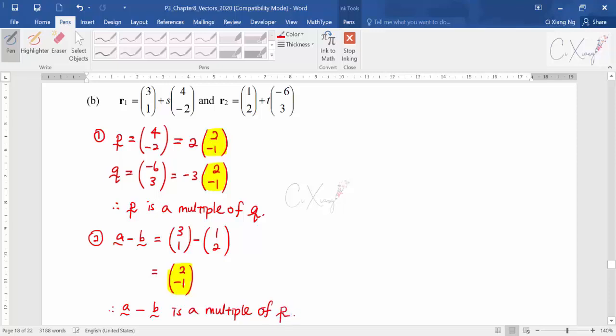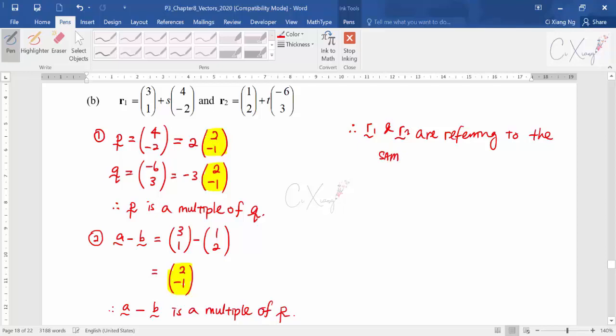After you go through the table, you will come to a conclusion, right? So what's the conclusion here? You can see that R1 and R2 are the same line, referring to the same line.